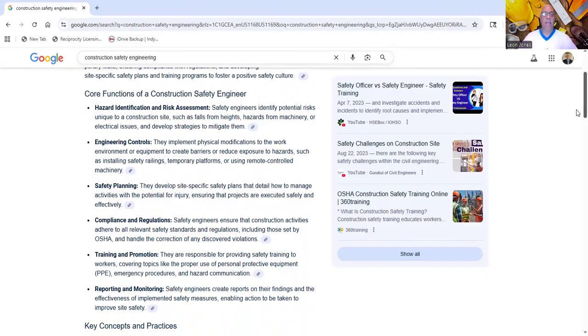Engineering controls. They implement physical modifications to the work environment or equipment to create barriers or reduce exposure to hazards, such as installing safety railings, temporary platforms, or using remote controlled machinery. Then there's safety planning. If you're dealing with products, you're in the manufacturing arena.